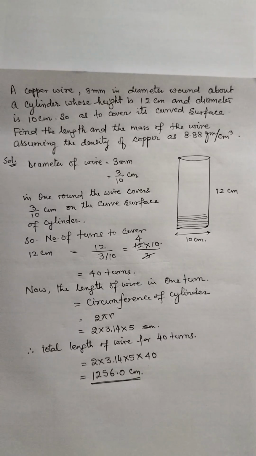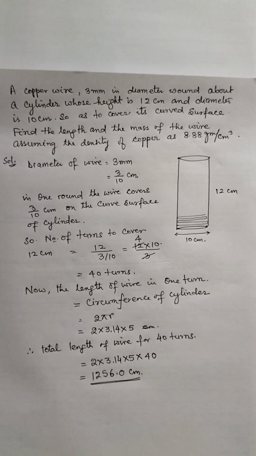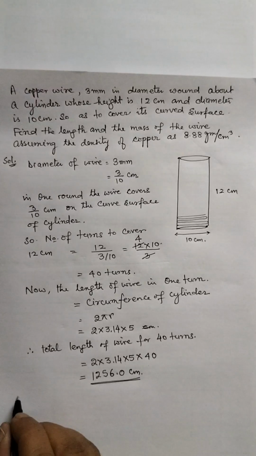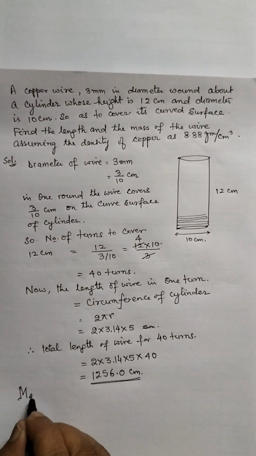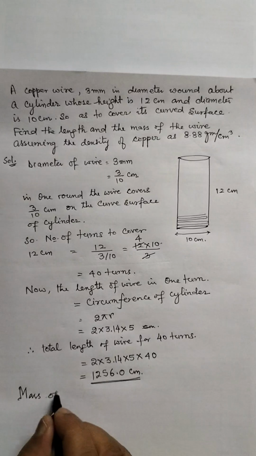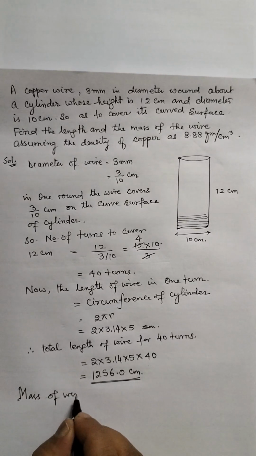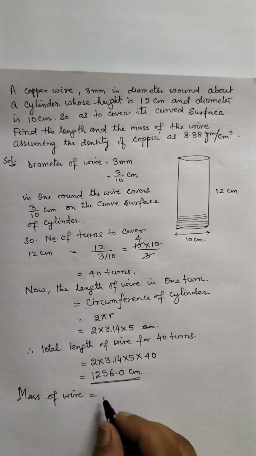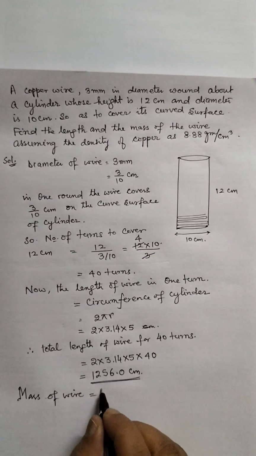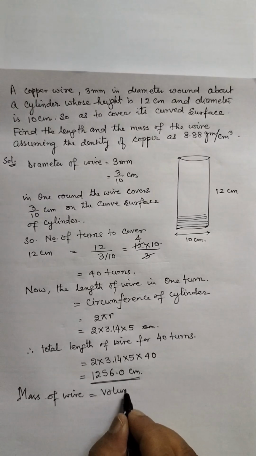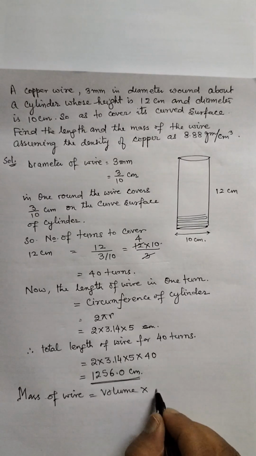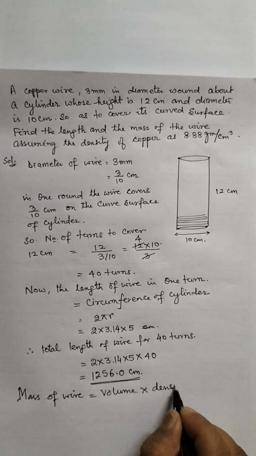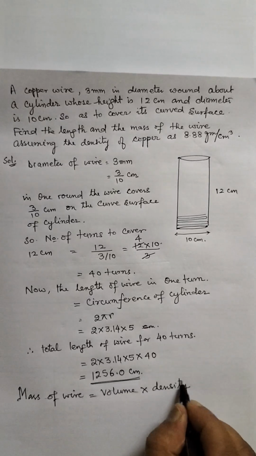Now we have to find the mass. Mass of wire is volume times density.